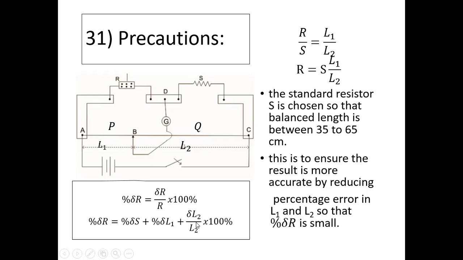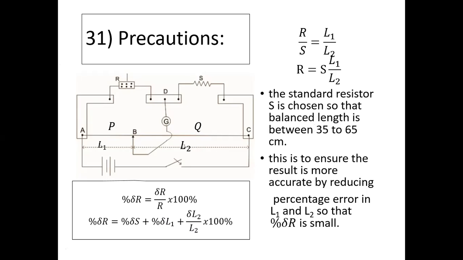So if L2 is large, somewhere between there is good enough. Not too small. Same with L1. If L2 is 35, then L1 is 65, so it's okay. Then this one will be very small. That's the whole idea.